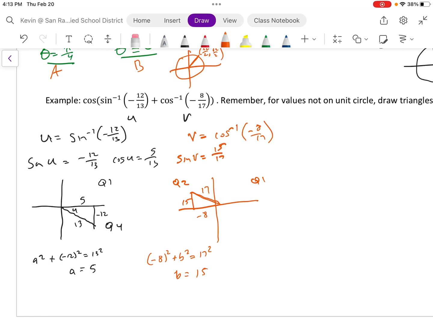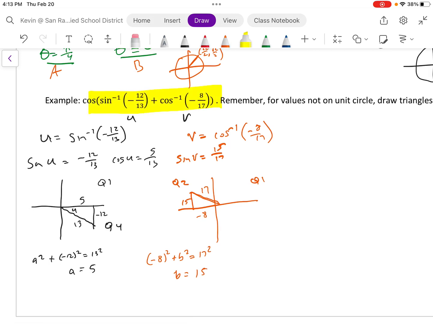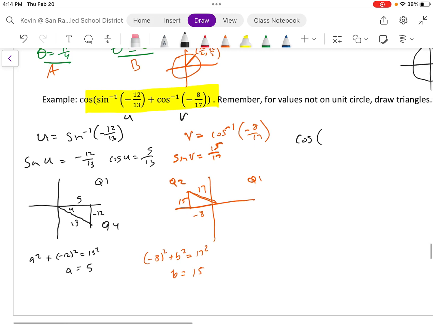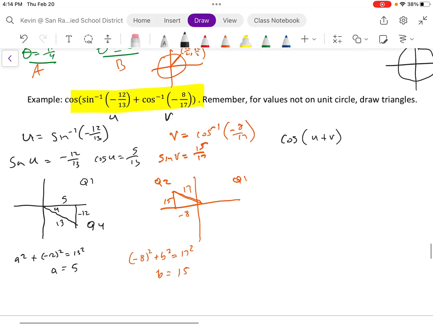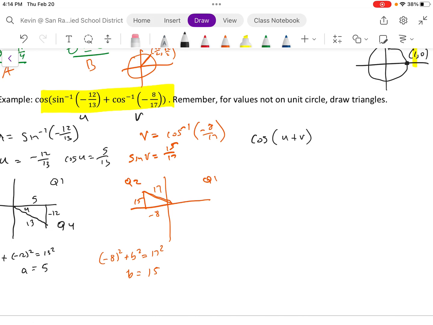Now we can rewrite this equation with the information we're given. Cosine of U plus V, because we now know what U and V are.